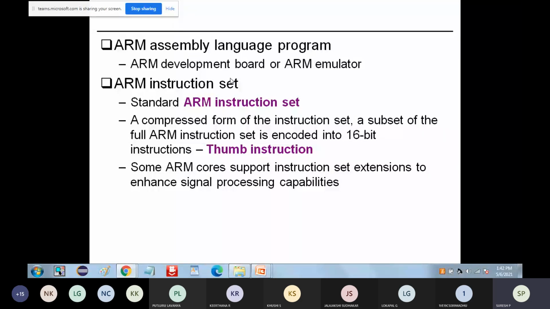Okay, so when you have the ARM instruction set, as I told you already, there will be an ARM development board, which is developed by ARM, or there will be an ARM emulator. As the name indicates, the emulator in the software will have the exact features of your ARM board. Some emulators in the market are paid versions.